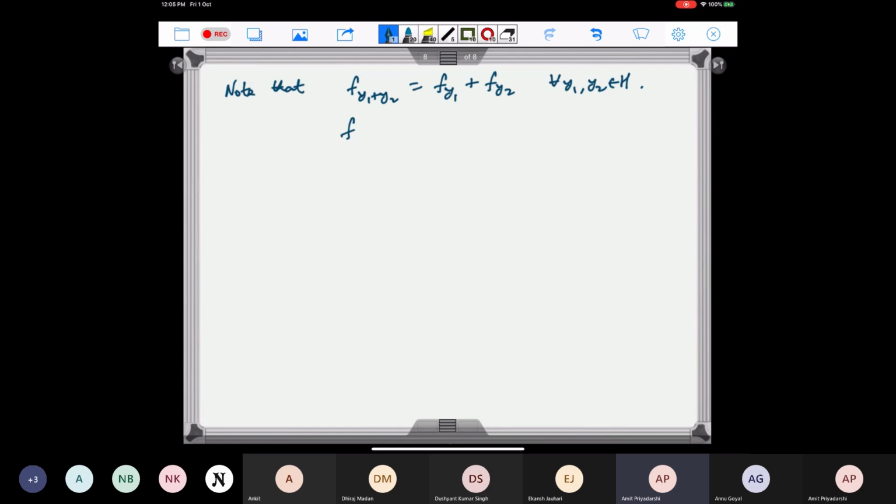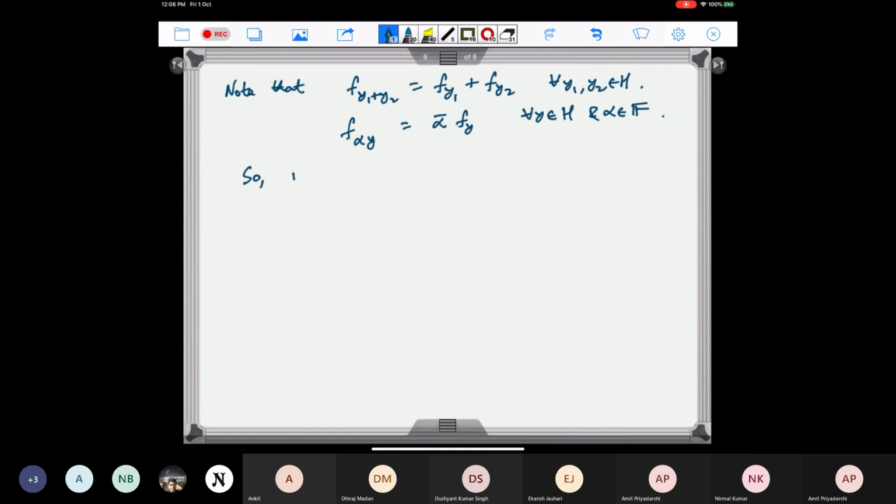If I take f sub alpha y, this is not alpha times f sub y, right? This will be equal to alpha bar times f sub y for all y in H and alpha belonging to the field. So if it is a real Hilbert space, then alpha bar is the same as alpha. So for a real Hilbert space, y going to f sub y is linear.